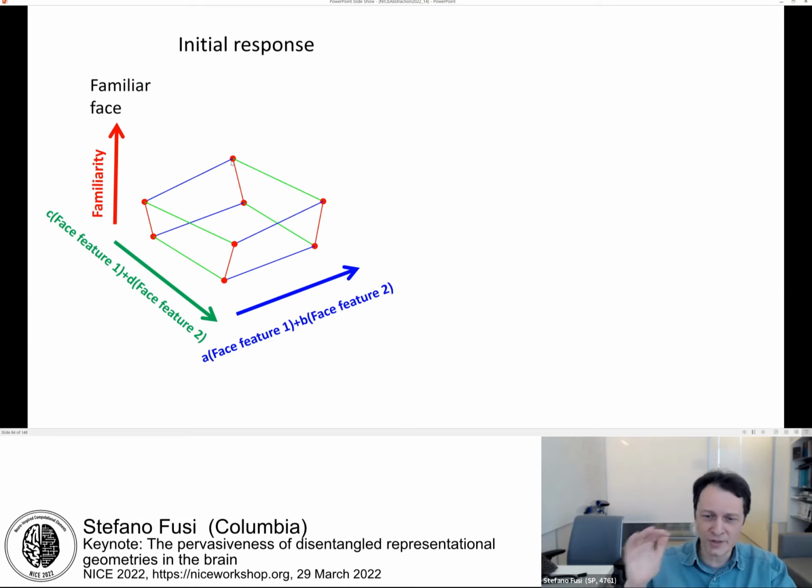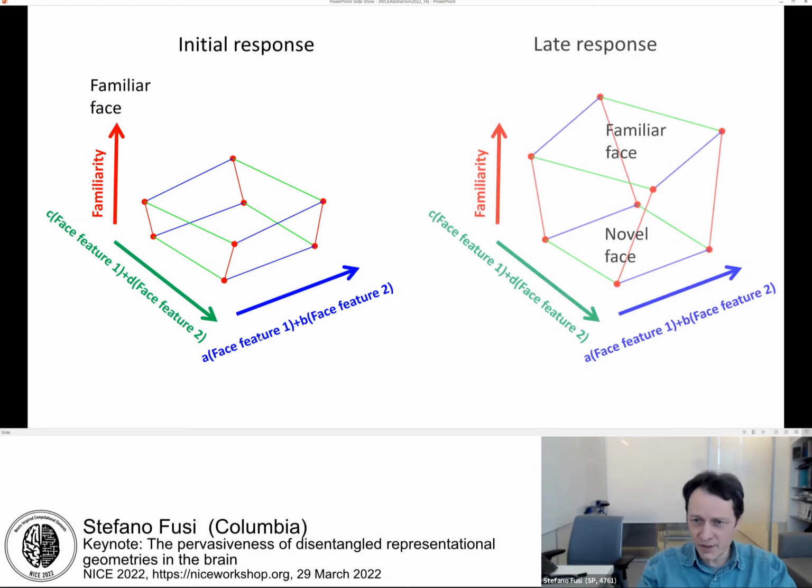So during the trial, you present the face, and you look at the initial response. For familiar faces, it would just be shifted. So for instance, a decoder trained on the face features for novel faces would work right away also for familiar faces. However, this is not true if you look at the late part of the response.